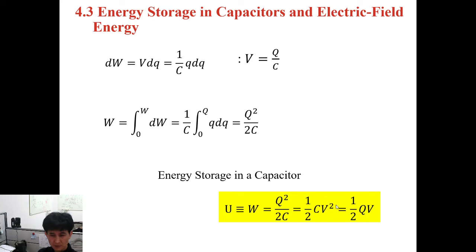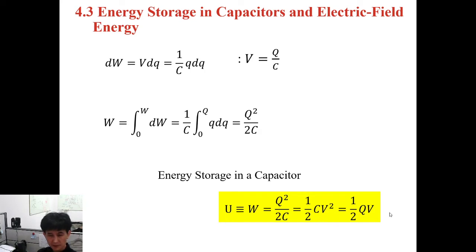Or if we just replace one Q with C times V, by remaining one Q left, then Q over 2C times C times V. So C cancels out, and we have 1 over 2 Q times V.